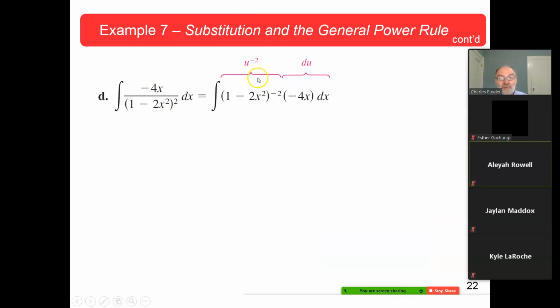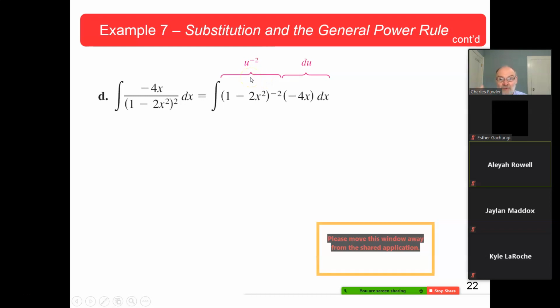So it's u to the minus 1 over minus 1, because your new exponent becomes your denominator. So that will be just minus u to the minus 1. And when you do that, this is your u, so it's minus 1 over 1 minus 2x squared.